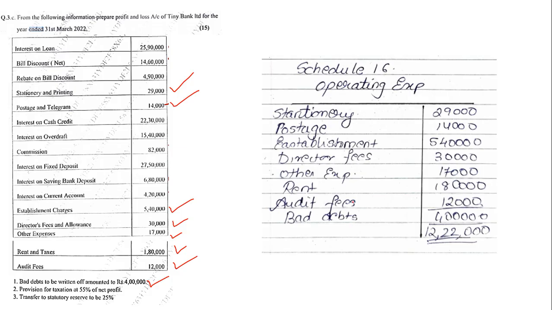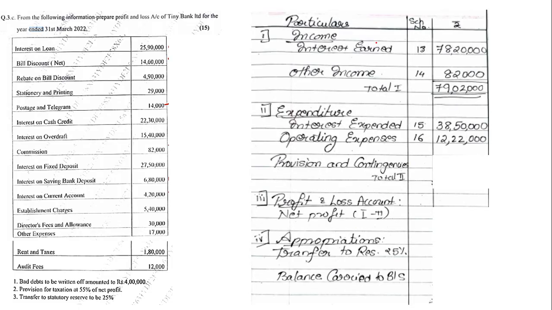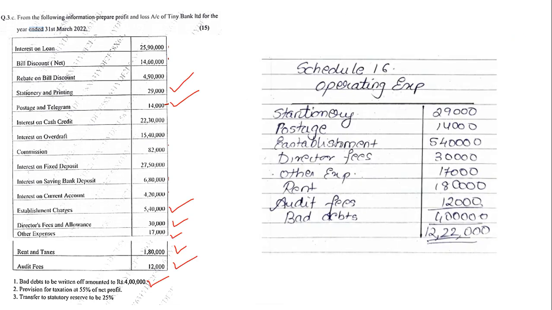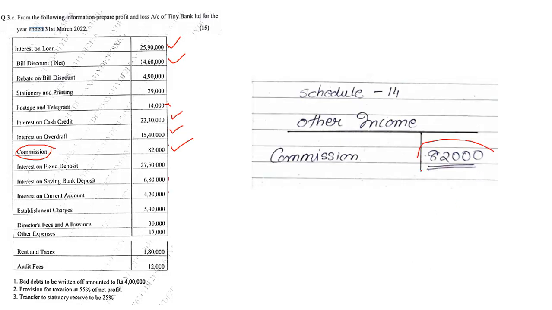Okay, now once we have done this, we can start with the actual format of the sum, the P&L format. So this is how your P&L format will look. Particulars, number 1, income. Under income we have interest earned and other income. Schedule 13 and schedule 14. This amount has come from schedule 13, 78,20,000. Schedule 14's amount was 82,000.